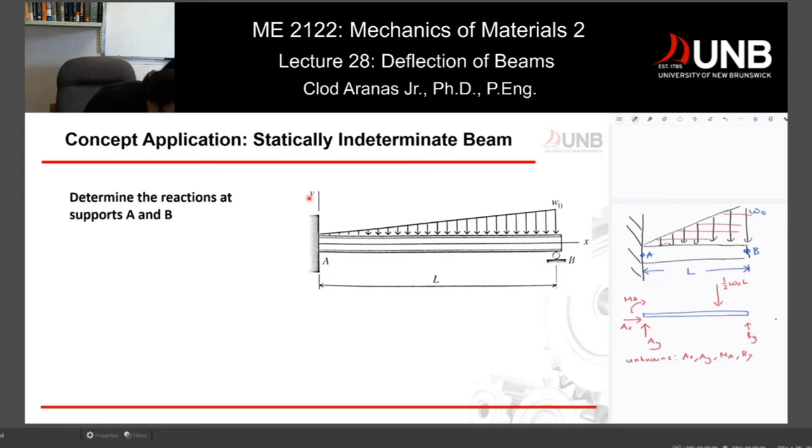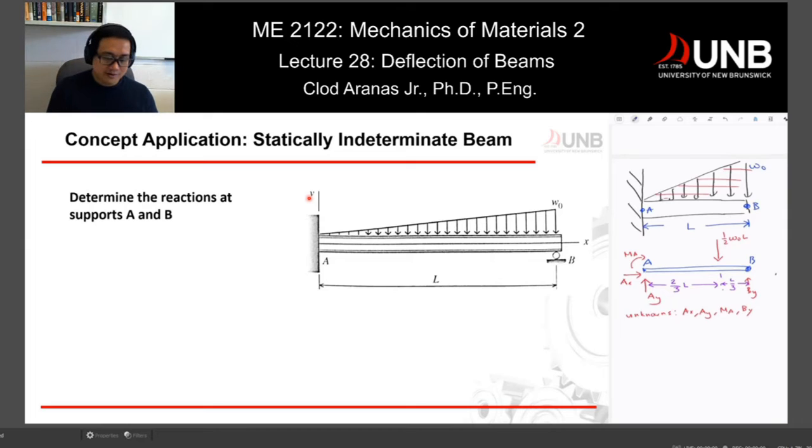Okay, it's purple. Okay, so right here, this part is L/3, and of course it's not to scale. 2/3 L. So it's just the center of this triangle right here. So your 1/2 W naught L is being applied 1/3 of the length of the beam from point B. So let's go back here. So that's point B, and that's point A.